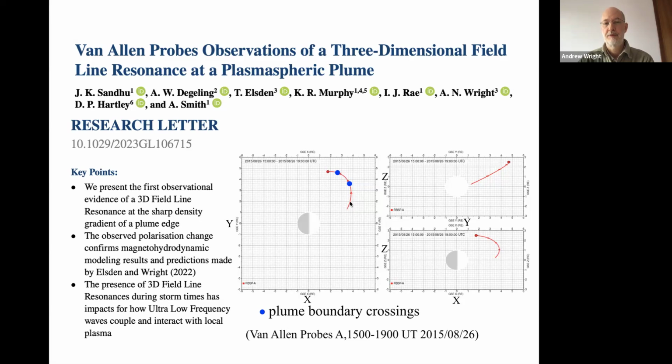This is the trajectory of it. I'll just focus on the equatorial plane, and I've indicated with these 2 blue dots, this is where you cross the plume boundary. You'll see it's in exactly the right place in the afternoon. That's where we expect these strong variations with azimuths to occur, forcing us to use 3D ideas for field line resonances.